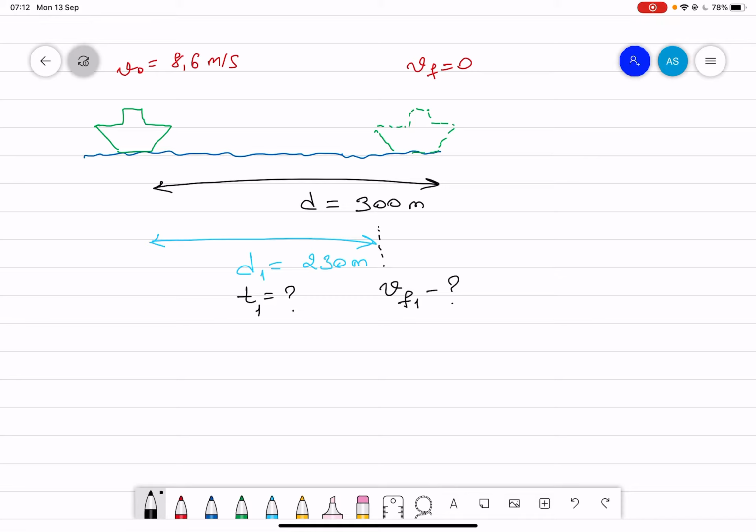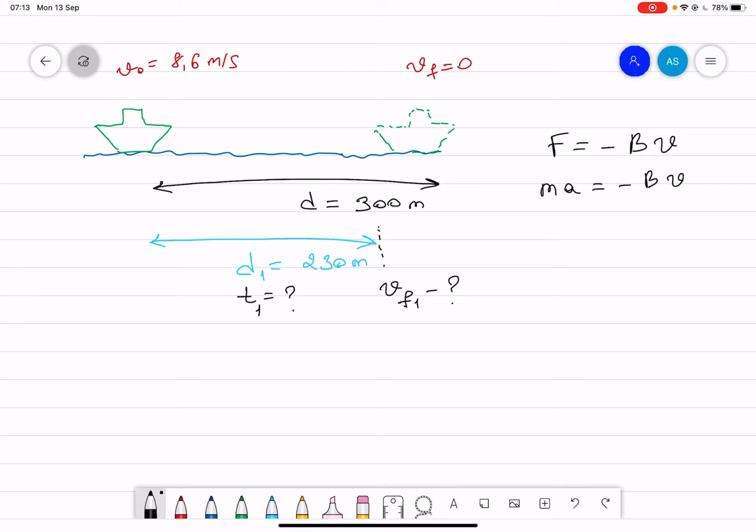Now, since we have a resistive force, we have to use a formula where the resistive force is equal to negative b times v. Okay, now the force itself is equal to ma, which is minus b times v.